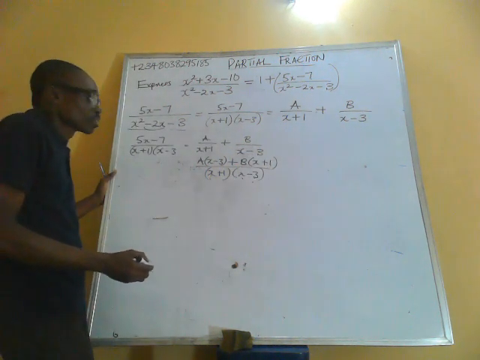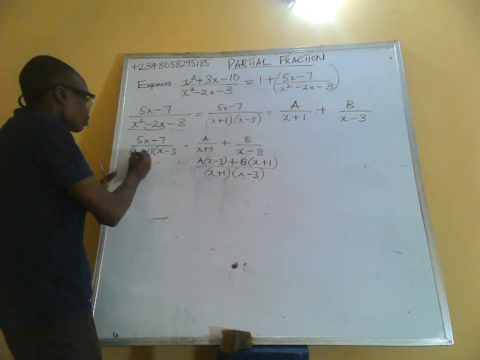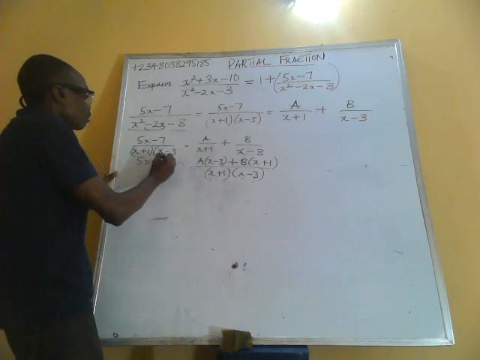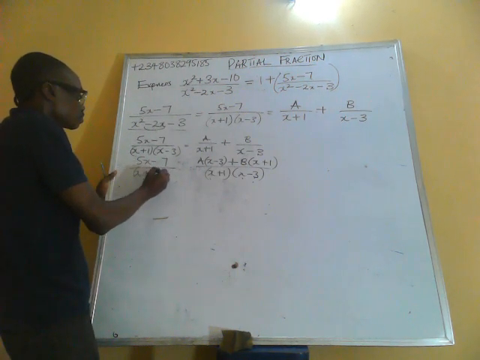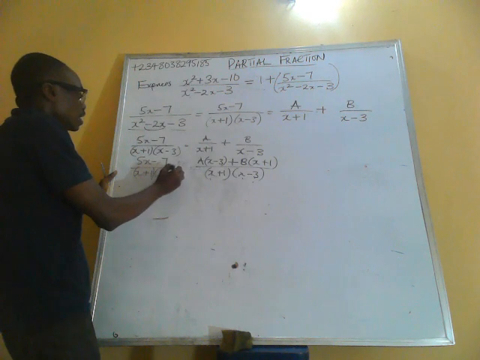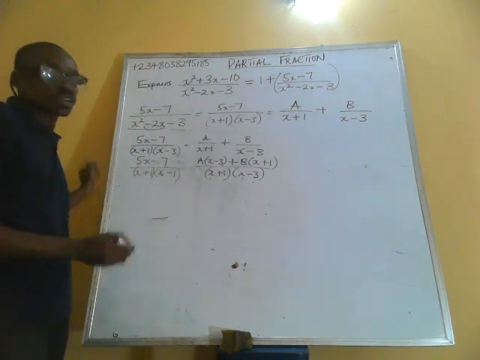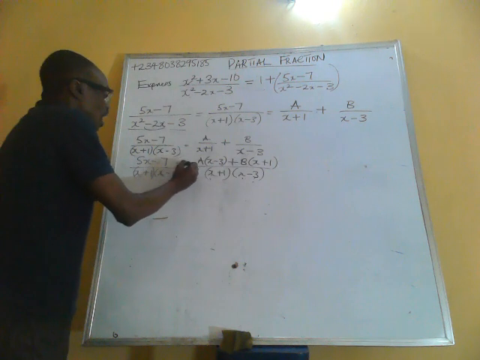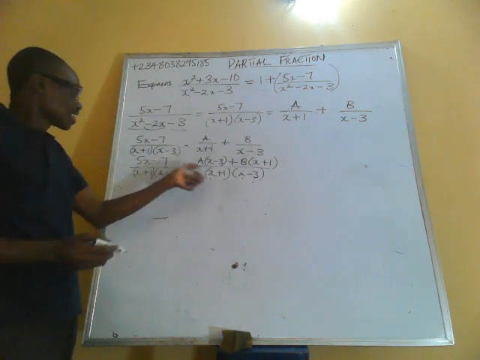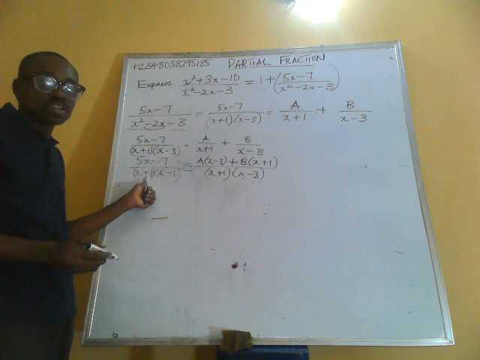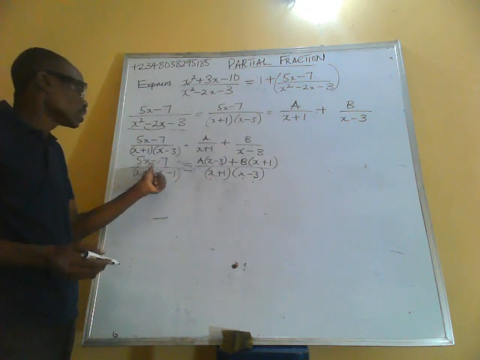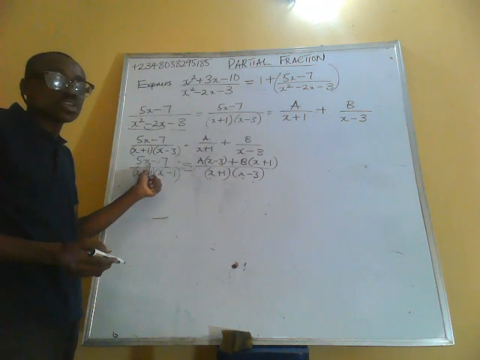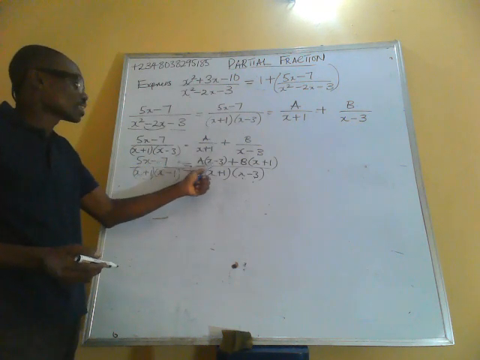Okay. So you have 5x minus 7 all over x plus 1, x minus 3. This is actually an identity. The numerator on the left is identical to the numerator on the right hand side, and the denominator on the left also is identical to the denominator on the right hand side.